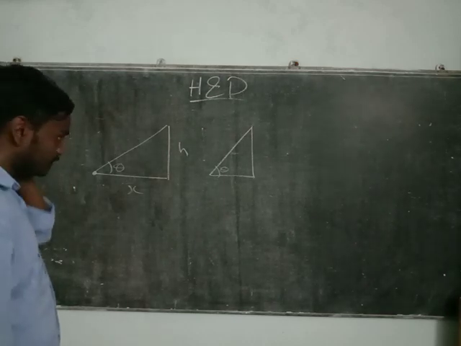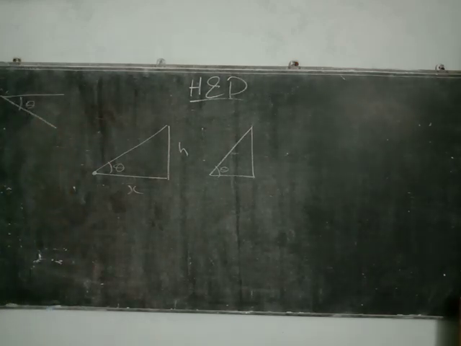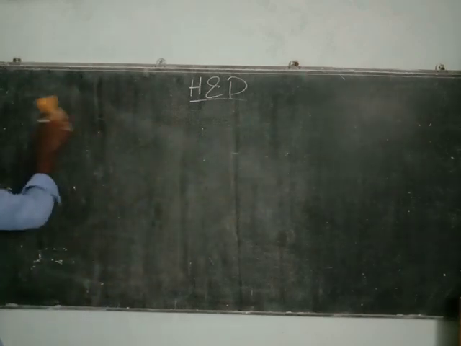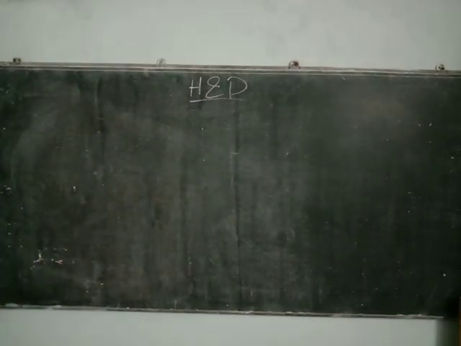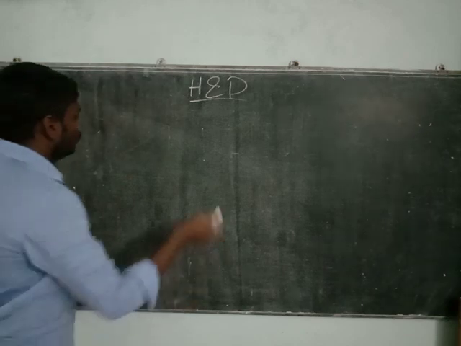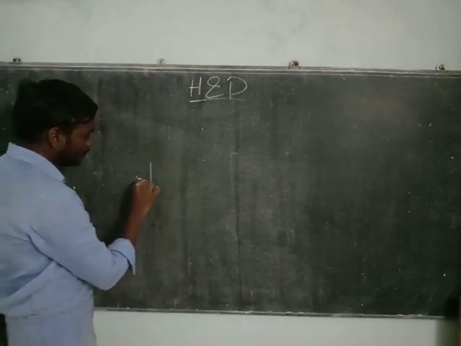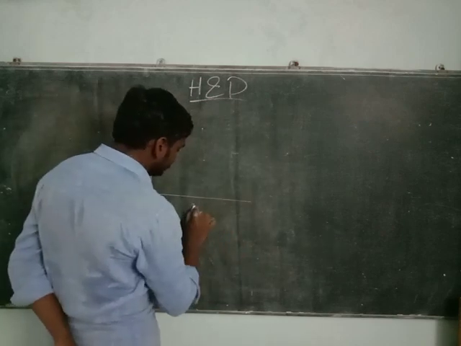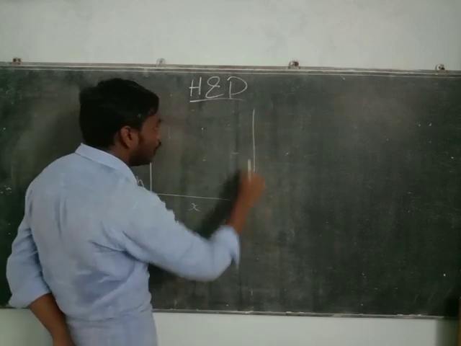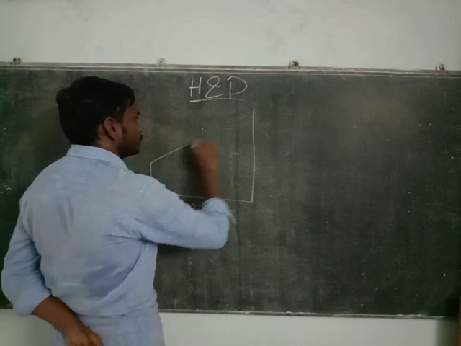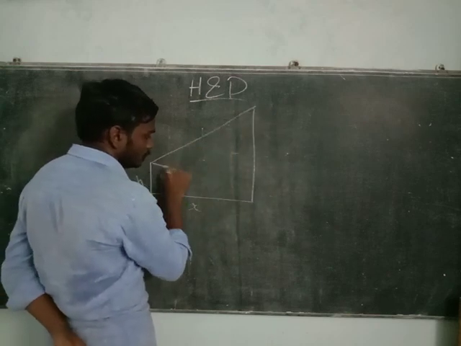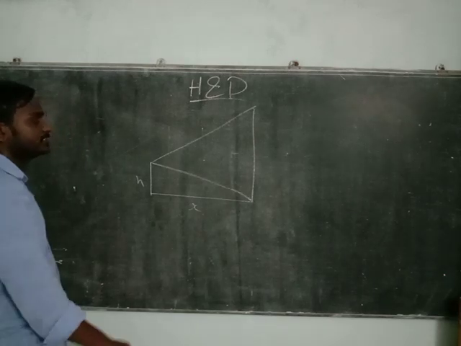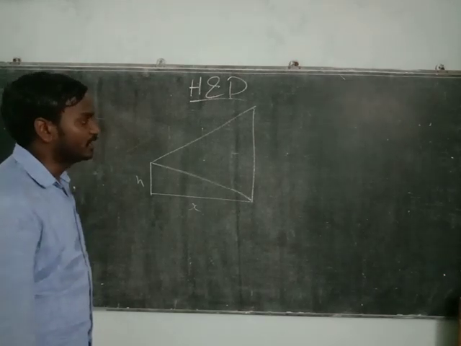And also there is another important question stating that if a person is at a height, small h, at a distance of x, watching the top of the tower and the bottom of the tower. In such a manner the question might also be asked.